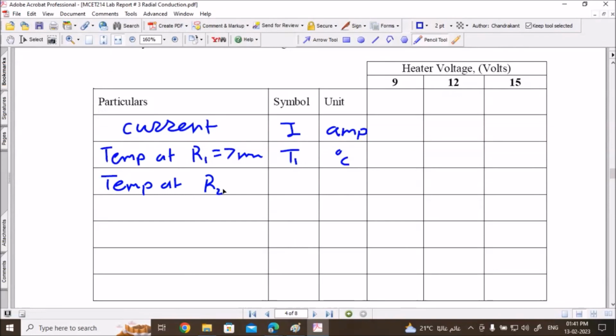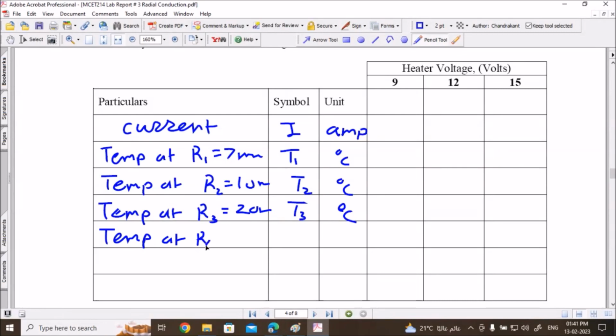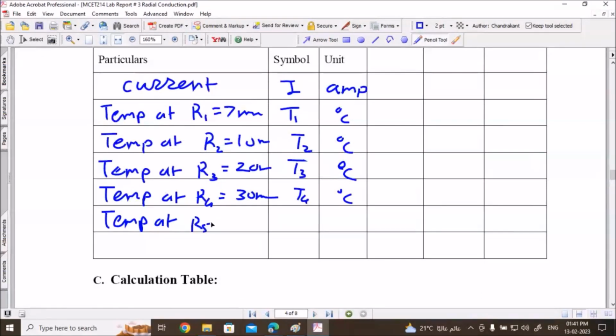R2 is 10 mm, T2. R3 is 20 mm, T3. R4 is 30 mm, T4. R5 is 40 mm, T5. And R6 is 50 mm, T6 degree centigrade.